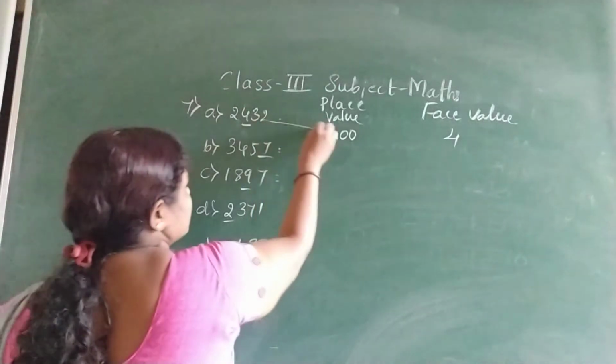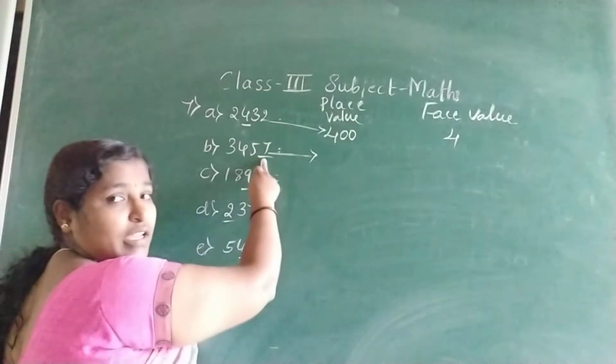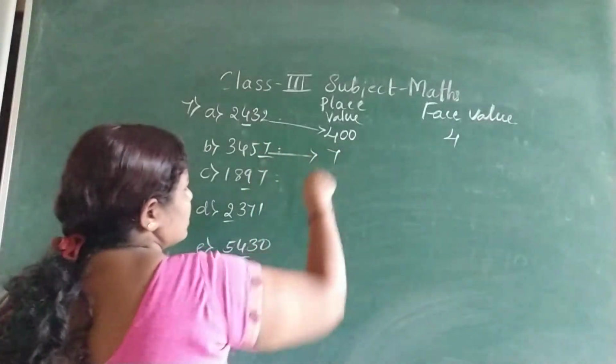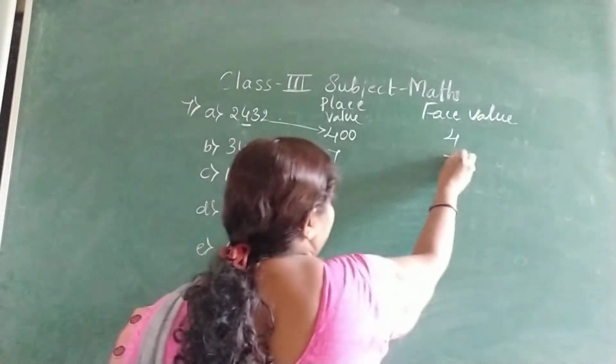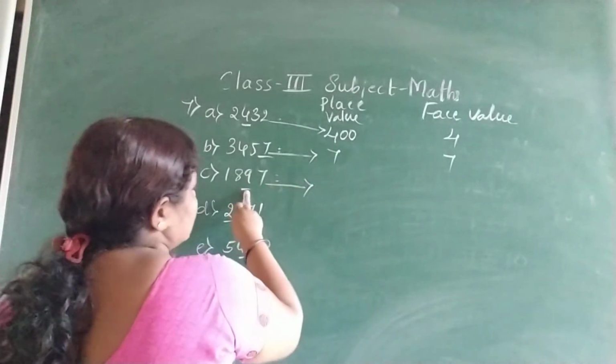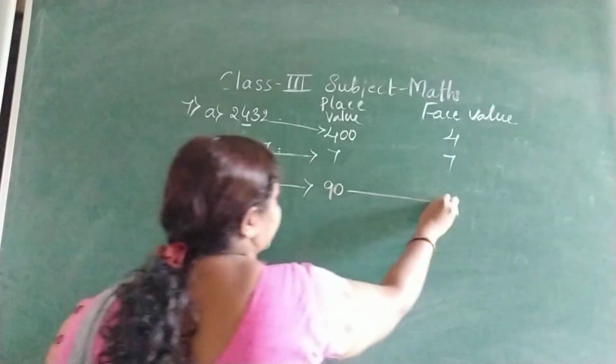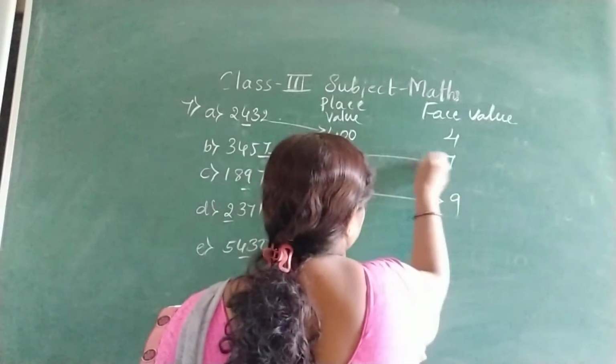Next, this one. Underlined number is 7. 7 into 1s. 7 is the place value and 7 is the face value. Next, 9 is underlined. 9 into 10s, 90. And face value is 9.